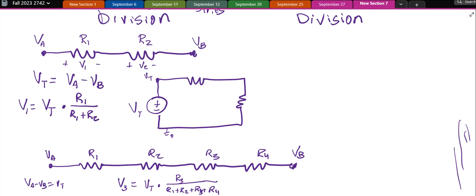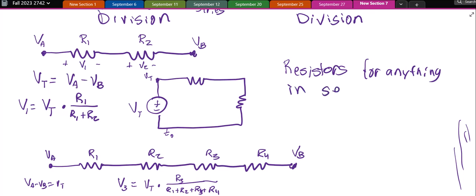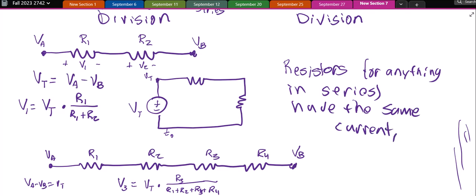The reason this works just comes from Ohm's law. When you have resistors, or anything, in series, they have the same current, but not necessarily the same voltage.